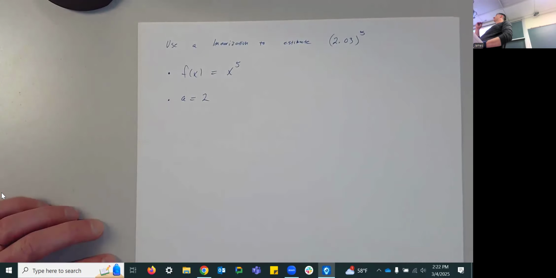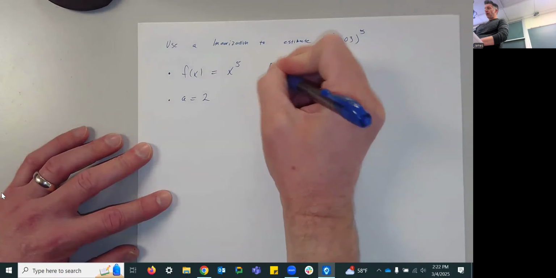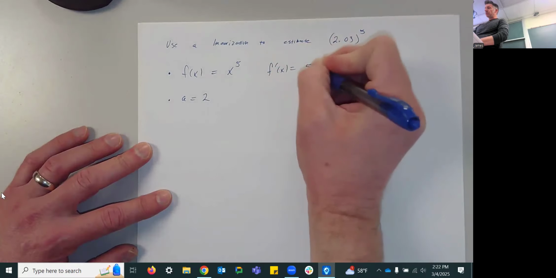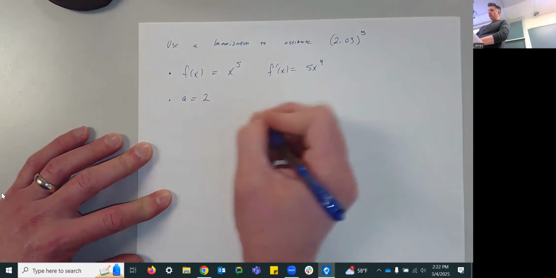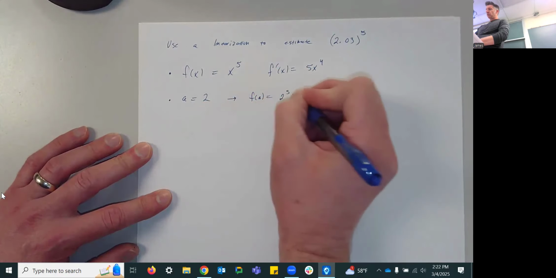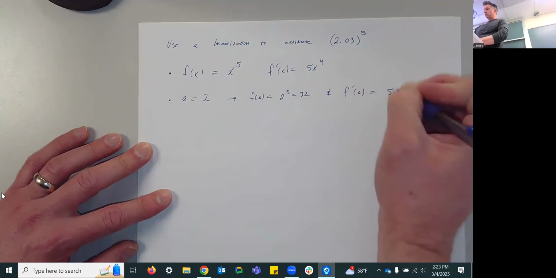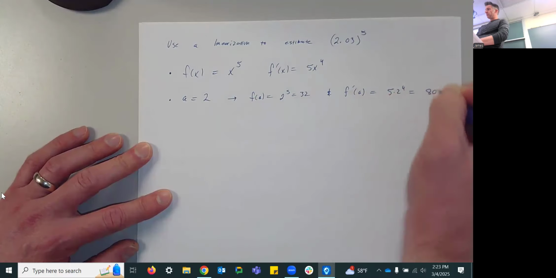Then we need to find both the function and the derivative evaluated at that point. So f prime of x is 5x to the fourth. Then f of a is going to be 2 to the fifth, which is 32, and f prime of a is going to be 5 times 2 to the fourth, which is 80.